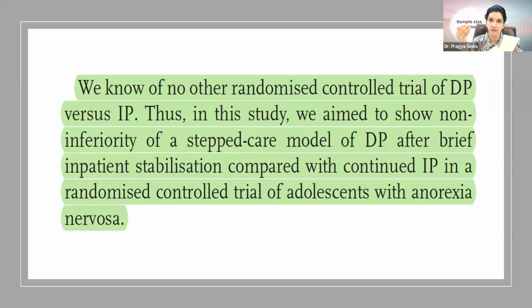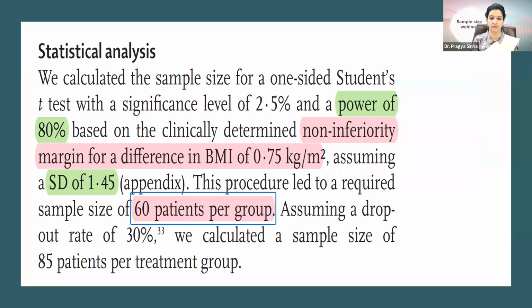Thus, in this study, we aim to show the non-inferiority of a stepped care model. Because an existing margin was not available, they have set a non-inferiority margin. Then they calculated the sample size for one-sided with a significance level of 2.5%, and power of 80%.